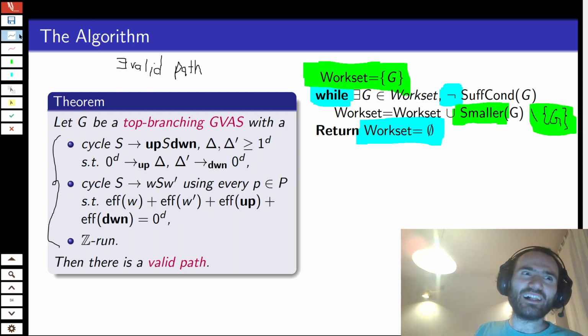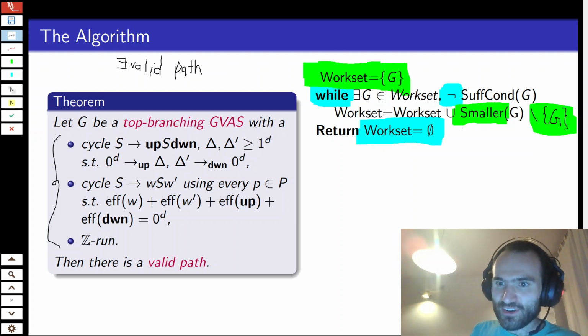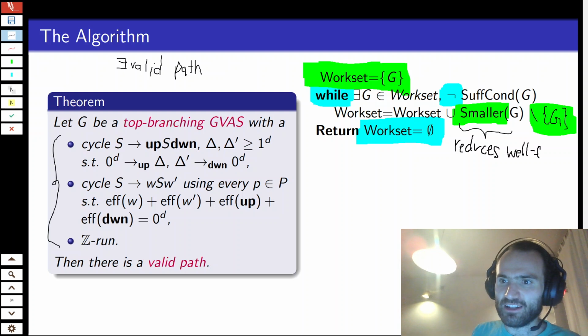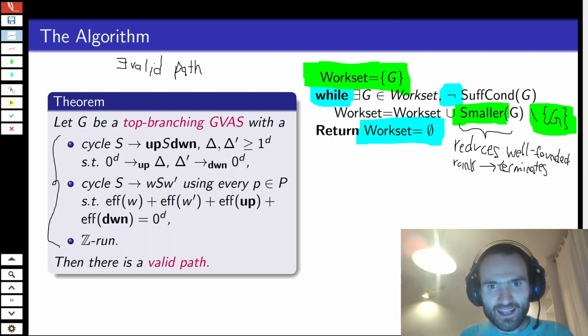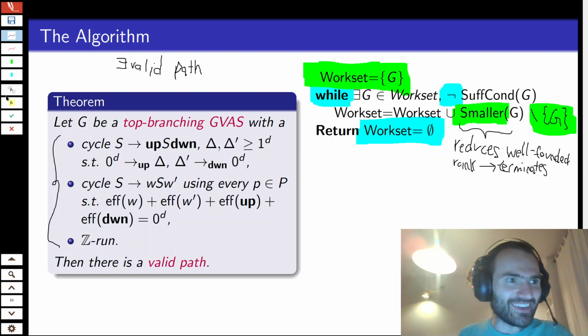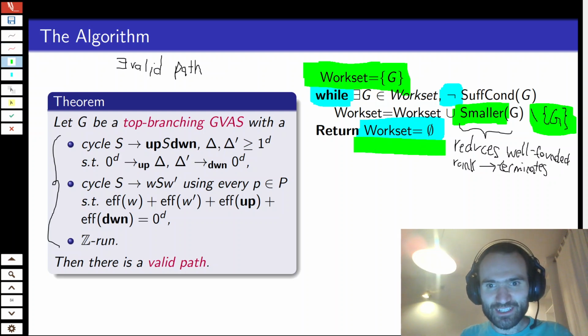So let's see, why does this algorithm actually do what we want? First of all, if this smaller actually reduces a well-founded rank, then this implies that this algorithm clearly terminates. The point is, whatever we replace the work set with always has smaller rank than before. So this is clear. The question is, why is it correct? Well, you might be surprised that at the end we just return whether the work set is 0.